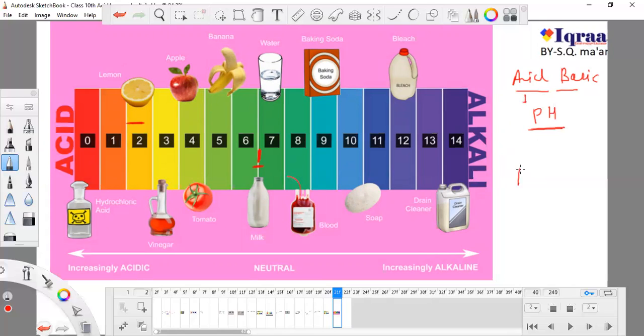If we use pure milk to find out its pH, or whether it is acidic or basic, this universal indicator will show some color between these two.